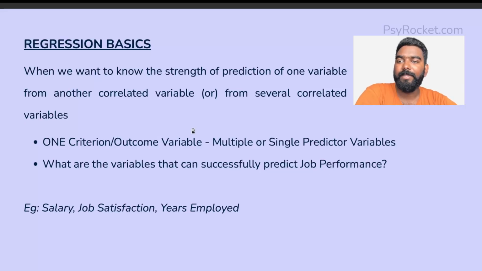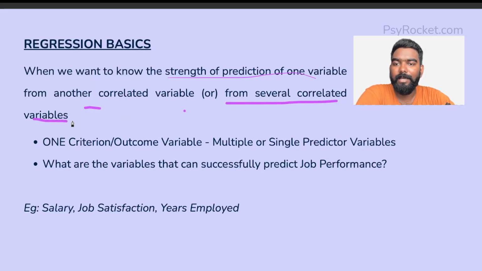So we will see, when we want to know the strength of prediction of one variable from another correlated variable or from several correlated variables. Let us say you have one criterion or outcome variable, and you want to see what are all the variables which can successfully predict this particular outcome variable.